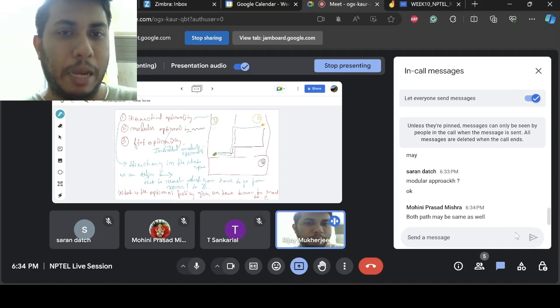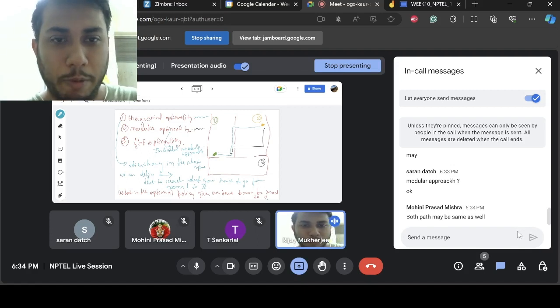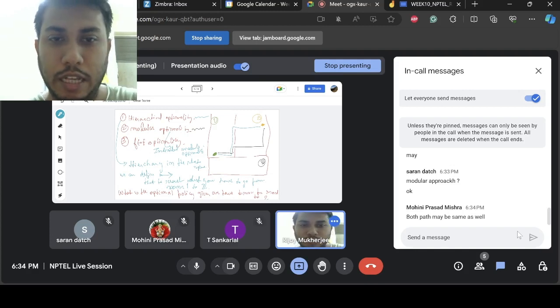What I want you to understand is that there is a difference between the two problem statements. The hierarchical problem statement says that I have to reach from 1 to 2, and then I continue with the optimal solution. So one task is given that I have to complete, and then the rest.